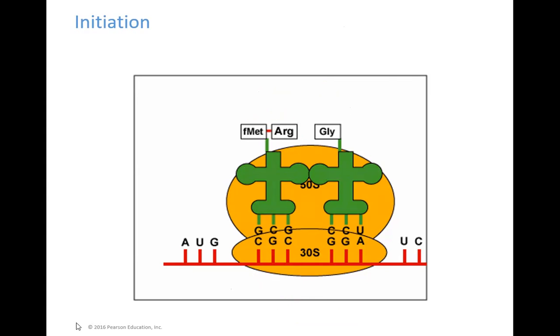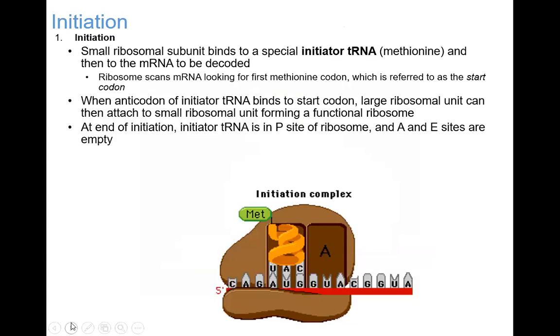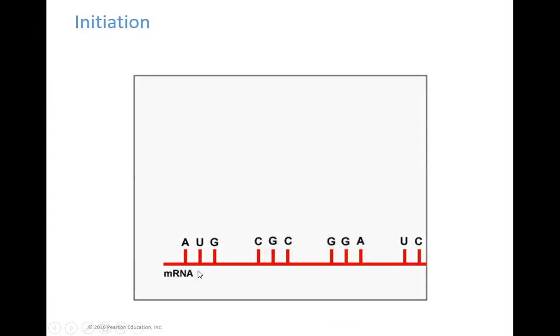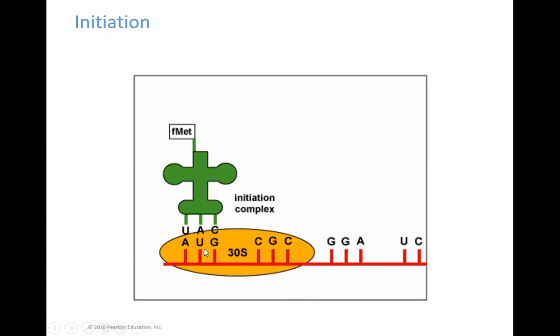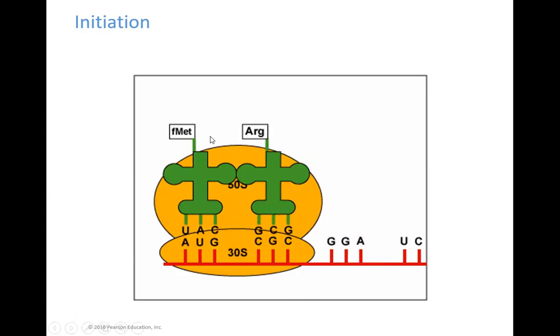Let's go back and, okay, so there is our start codon here. Here comes the anticodon for the start codon. Here comes the second transfer RNA to land here. The two amino acids joined by a peptide bond.